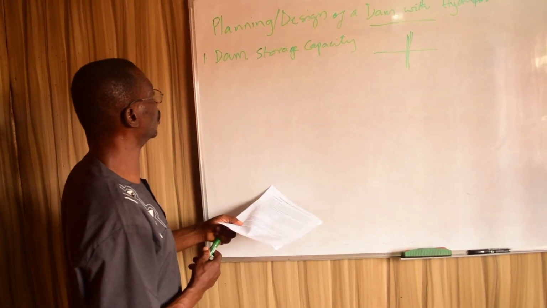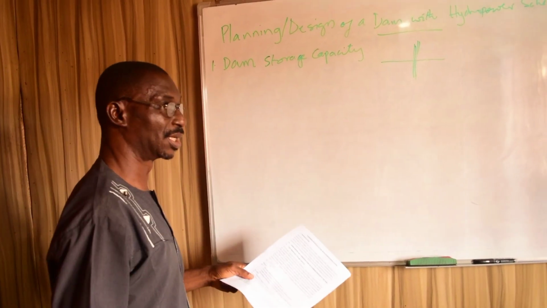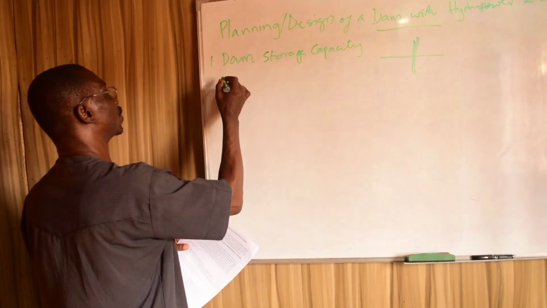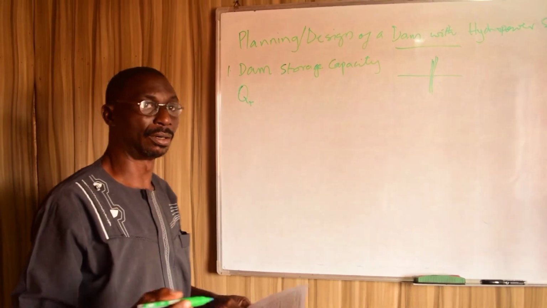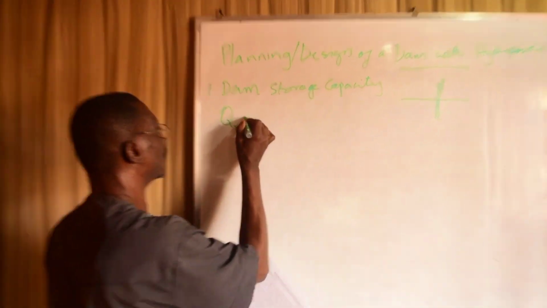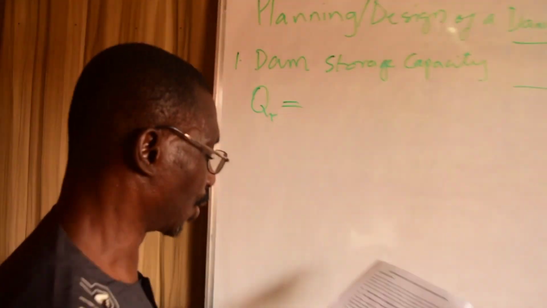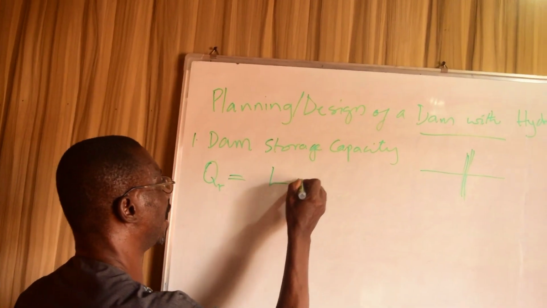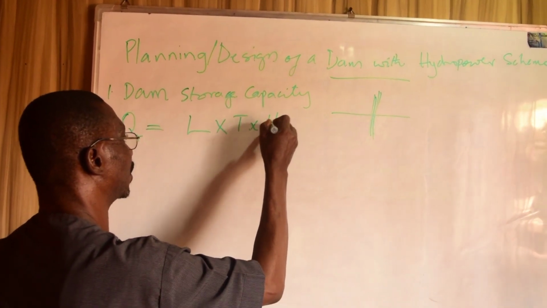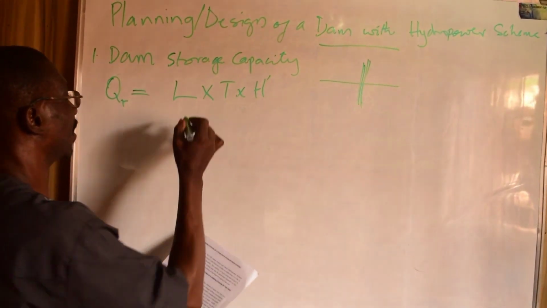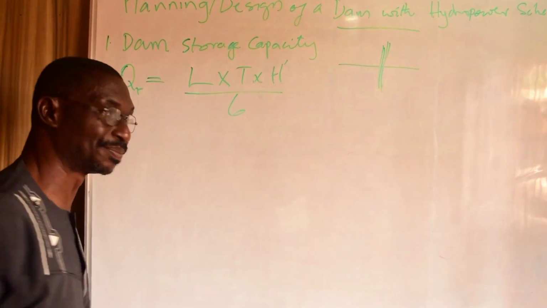So in order to know the dam storage, you use this formula which was given by FAO in 2010. Q is equal to L times T times H prime over 6.